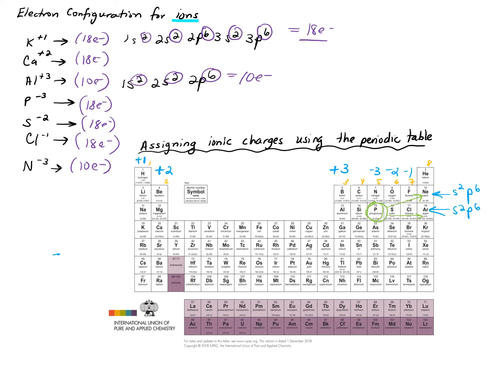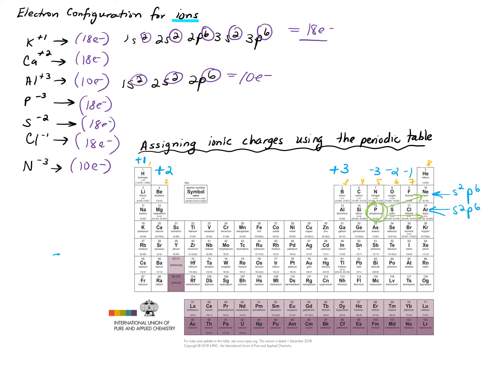So in this case, since it can be one or the other because it's the same, you can think of this as the same amount of energy, related to losing 4 or gaining 4. Since it's the same, we cannot predict a specific charge using the periodic table.